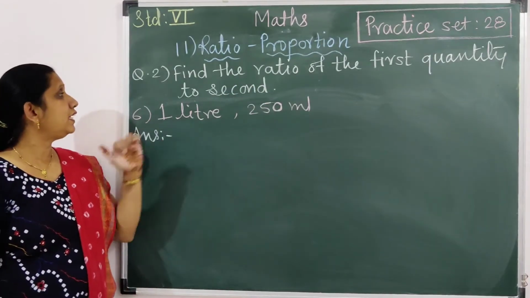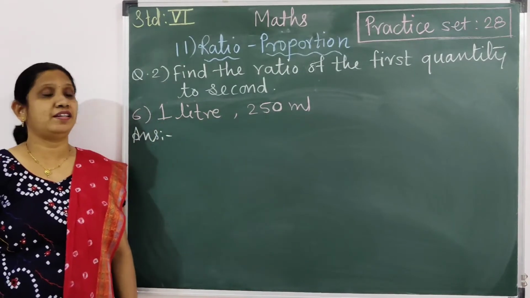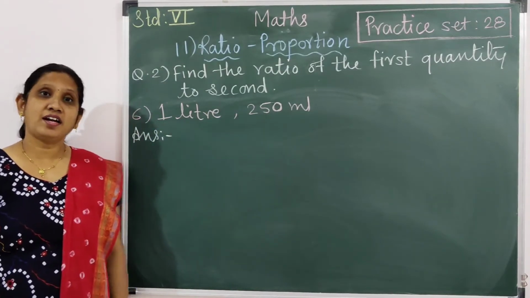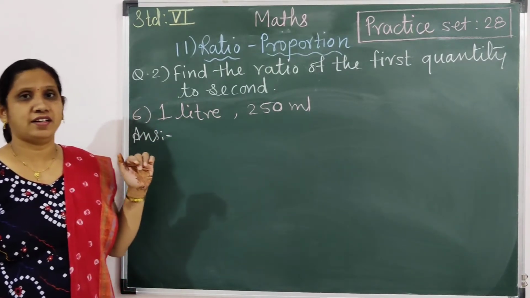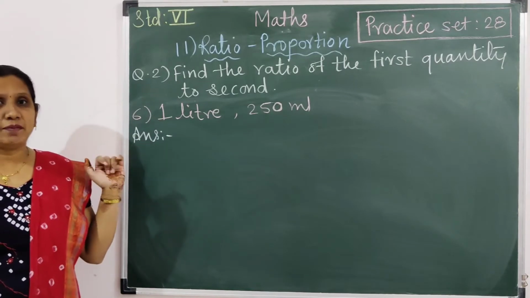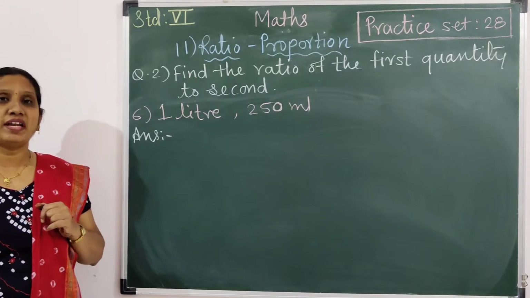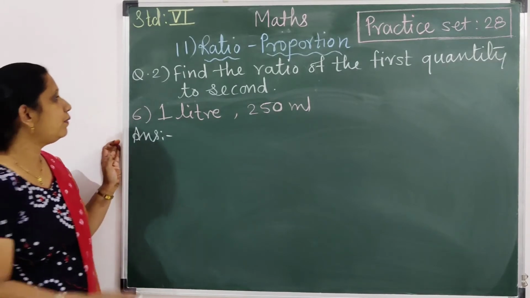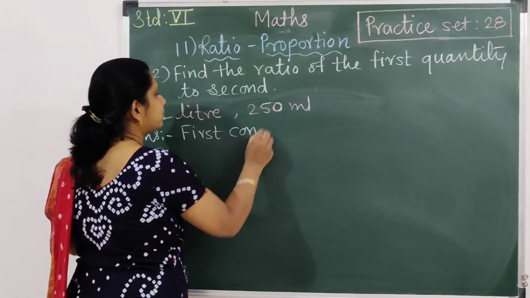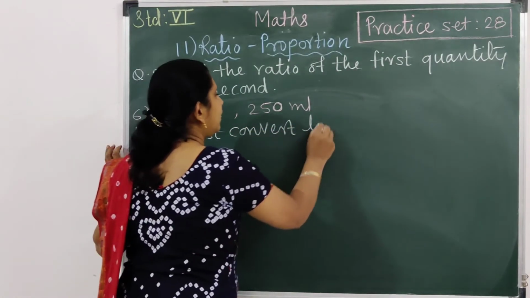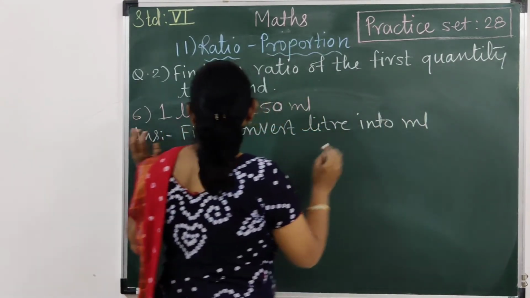Students, see the sixth example is given 1 liter and 250 milliliter. Here both the units are different. We can convert liter into milliliter. How? By multiplying by 1000. We know very well that 1 liter is equals to 1000 milliliter. First, convert liter into milliliter.